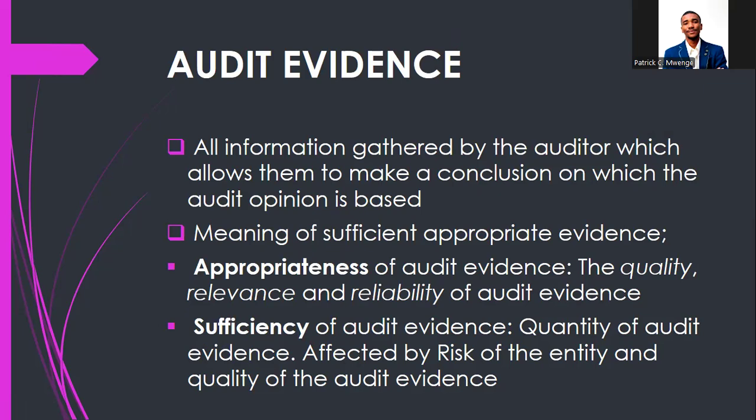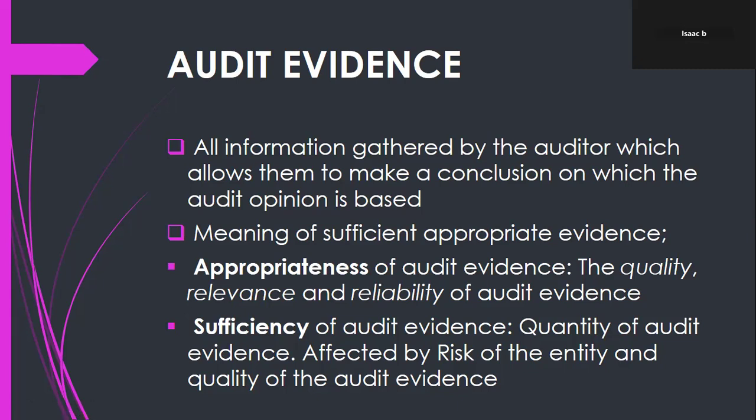We observe the inventory. We ask management about the going concern of the company. If they've got high amounts of debt, we calculate the gearing. All that is audit evidence. So audit evidence is all information gathered by the auditor which allows them to make a conclusion which informs the audit opinion.